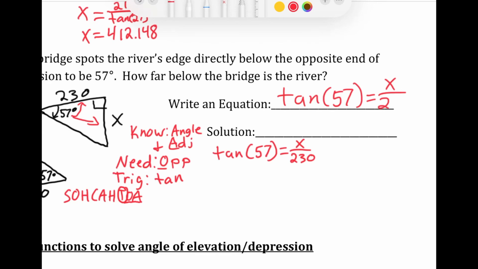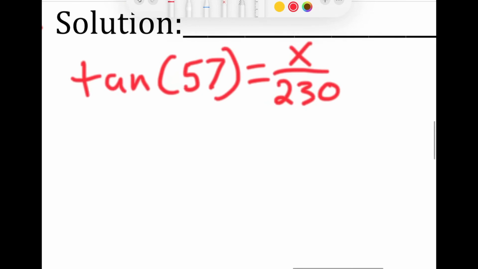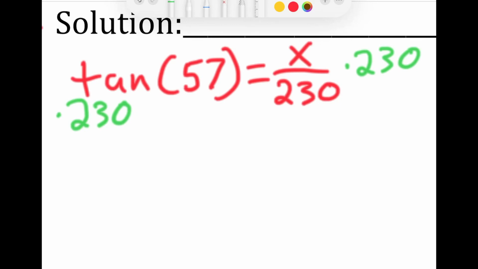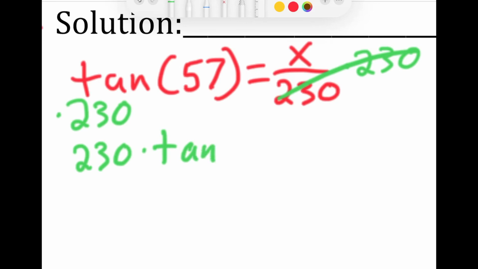So tan of 57 equals x over 230. We're going to get x by itself. So to get rid of the division of 230, we're going to multiply by 230 on both sides. We have 230 times tangent of 57 equals x.